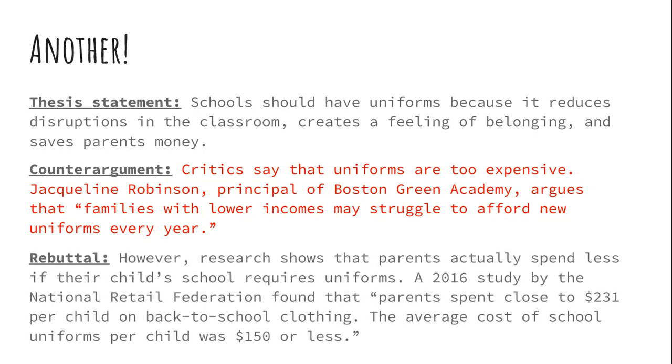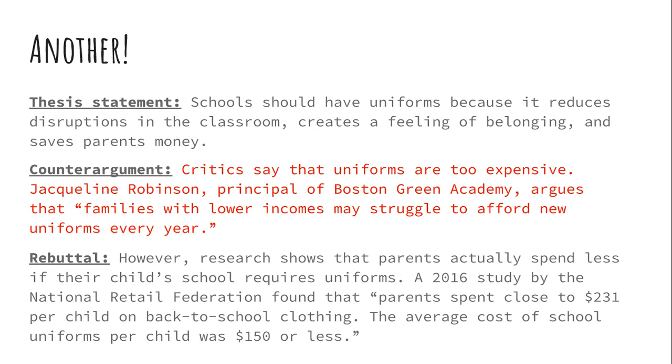And then in the rebuttal, however, research shows that parents actually spend less if their child's school requires uniforms. A 2016 study by the National Retail Federation found that parents spent close to $231 per child on back-to-school clothing. The average cost of school uniforms per child was $150 or less.